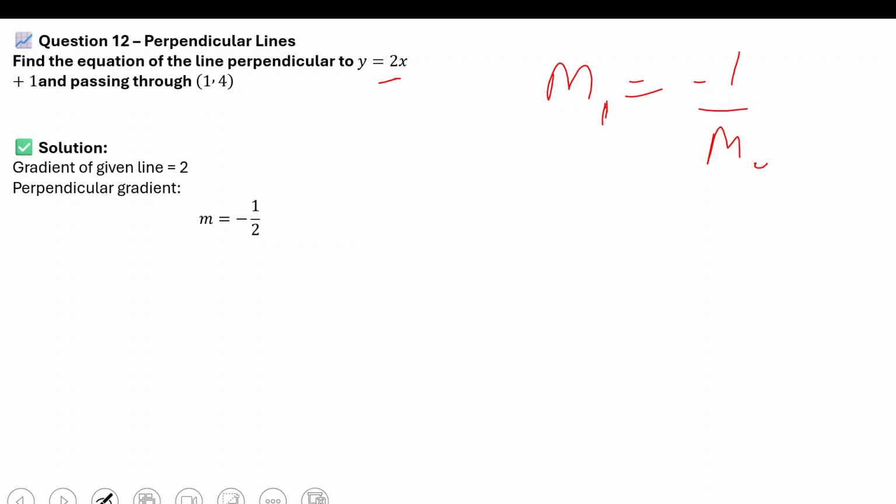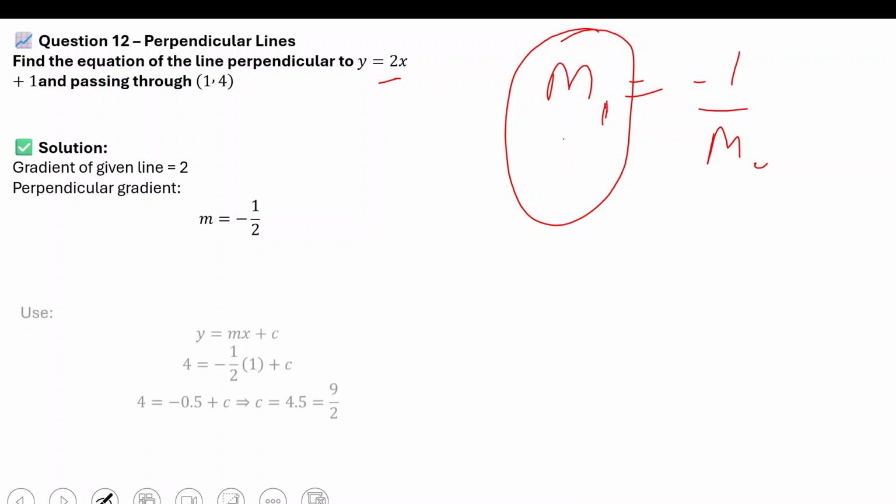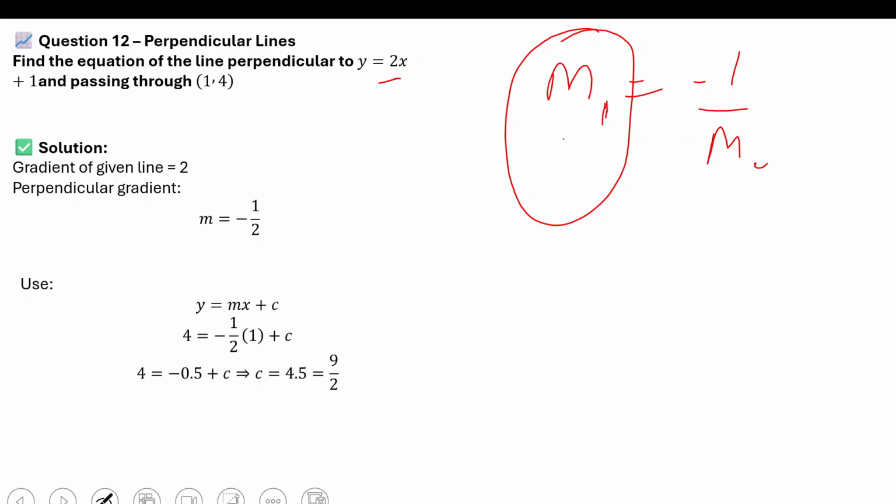So if you have two lines, the gradient of the first line, which is m1, is equal to the negative inverse of the gradient of the second line, right? Okay, so having gotten that gradient for the second line, I can now put it in this equation.